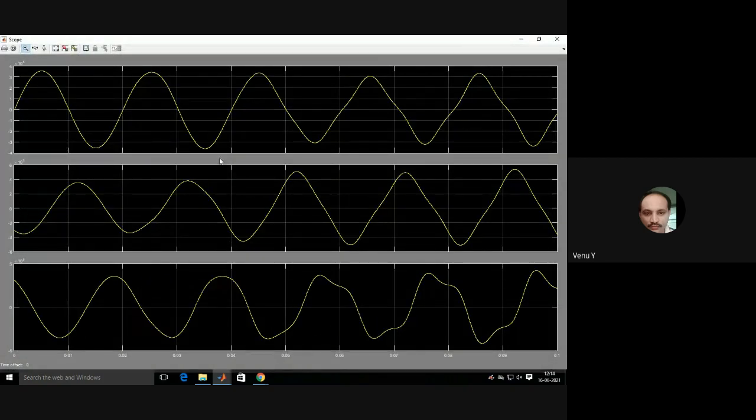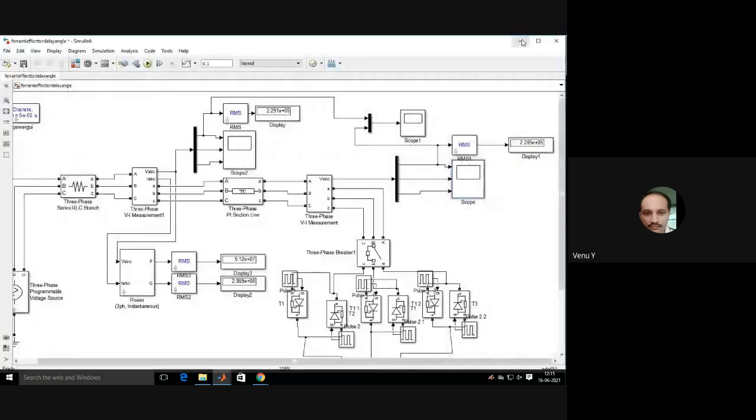Therefore, the sine waveform is not purely sinusoidal, but harmonic content is very low because the firing angle is a very low value. If you use a firing angle of higher value, you will get more harmonics.